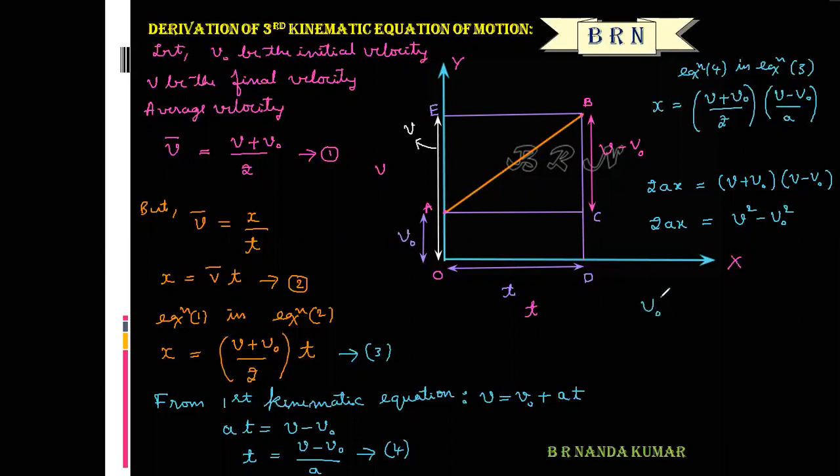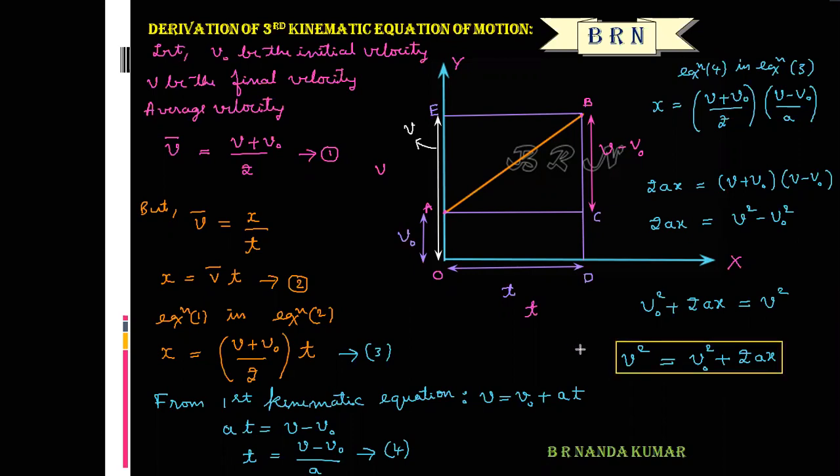So v naught square plus 2ax is equal to v square. Okay, so this is the third kinematic equation of motion, right?